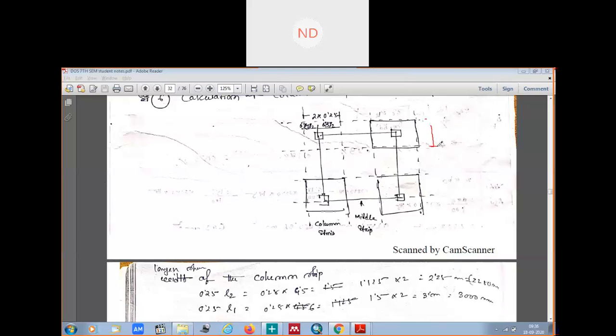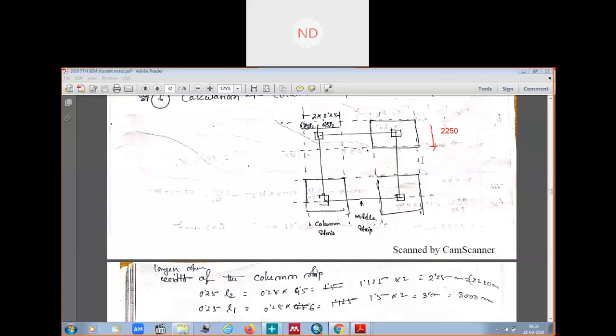This one is the width of the column strip, which we got to be 2250.